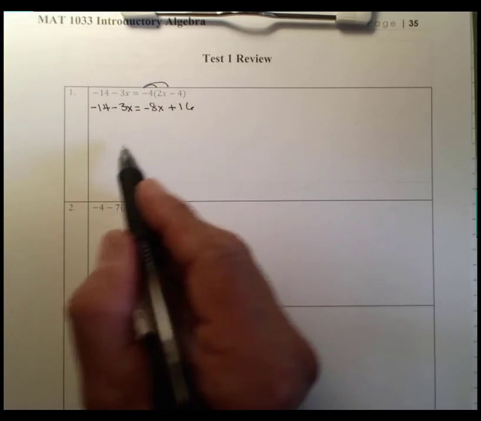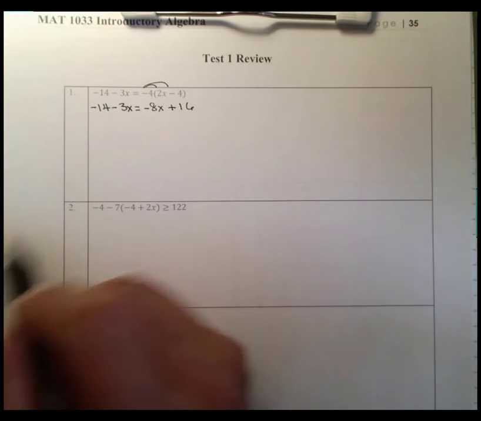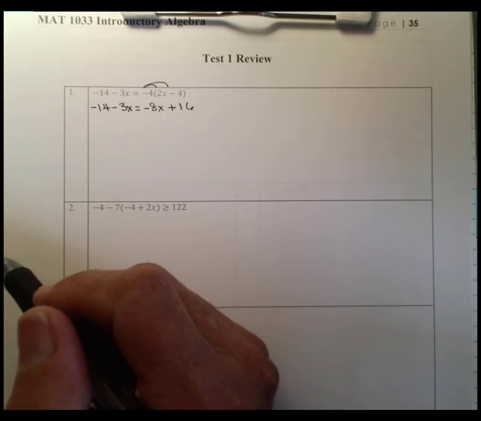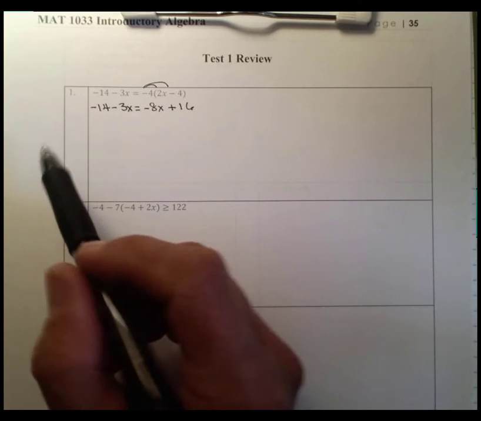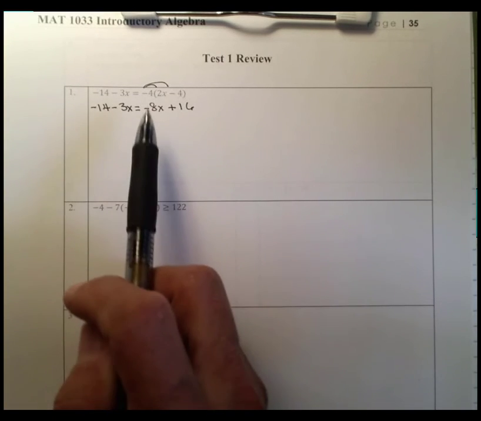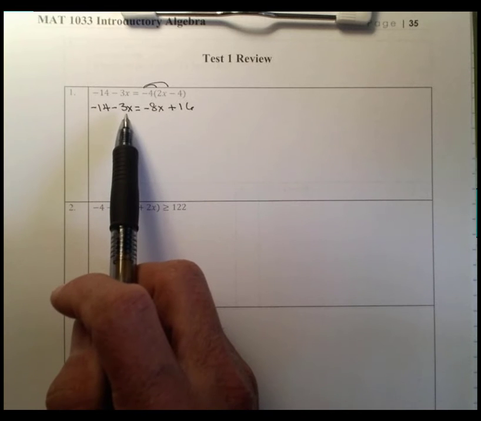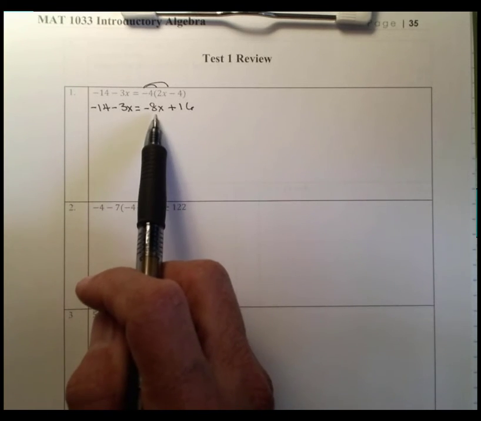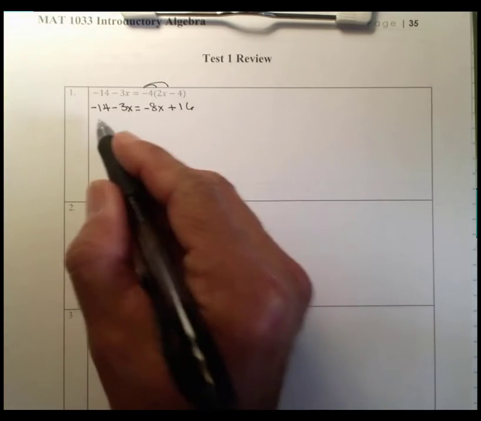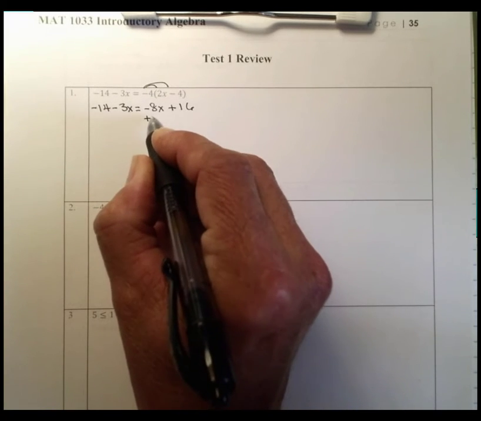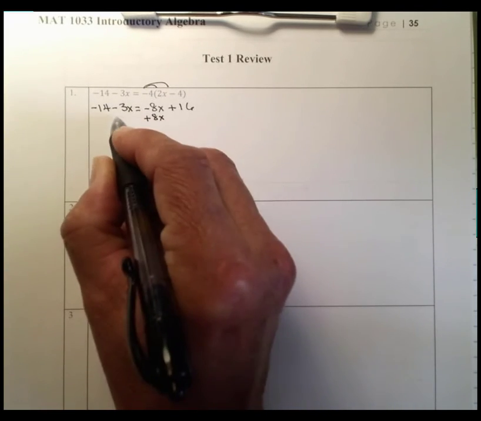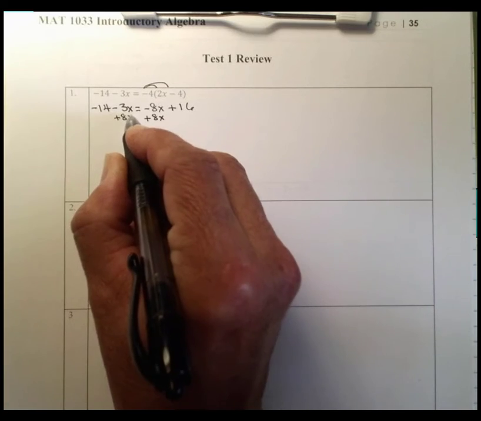The next thing I'm going to do is try to get all my x variables on the same side, all my unknowns together. Now you could do this one of two ways. I always choose to work with the smallest variable that I've got, and negative 8x is smaller than negative 3x. So I'm going to work over here and see if I can get this one to go to the other side. Of course, the opposite of negative is a positive, so I'll add. Instead of subtract, I will add.